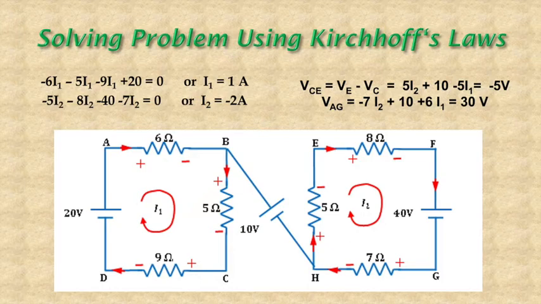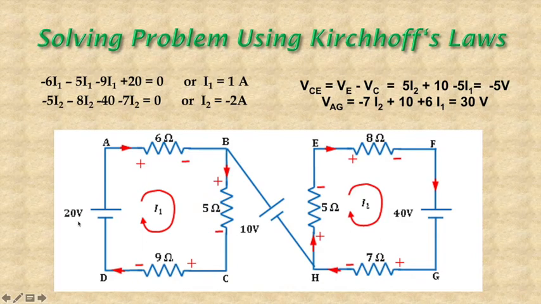Using KVL, we obtain for loop 1, starting from point A. The voltage drop across the 6 ohm resistance is 6I1, the 5 ohm resistance is 5I1, the 9 ohm resistance is 9I1, and the voltage source is 20 volt.